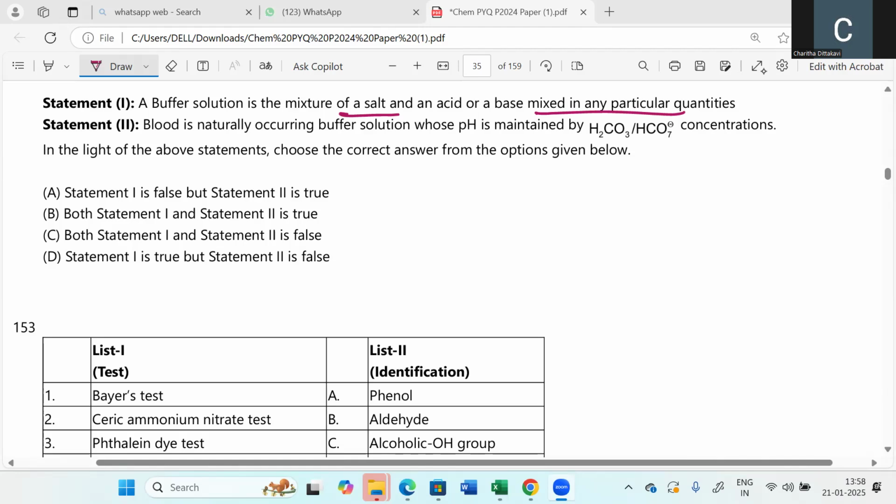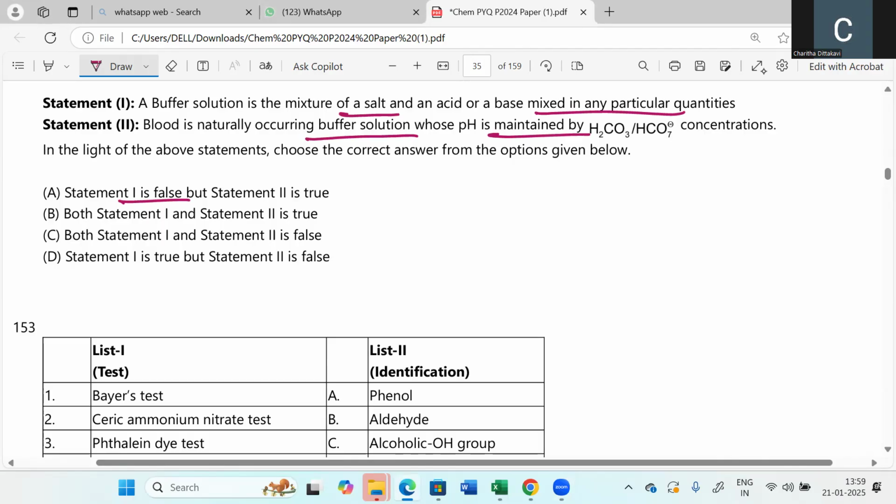So that is how you go with a buffer solution. So statement one is false. And similarly, a basic buffer means you have a weak base and the salt of the weak base with a strong acid. And number two, blood is a naturally occurring buffer solution whose pH is maintained by H2CO3 and HCO3 minus concentrations. Yeah, this is right.